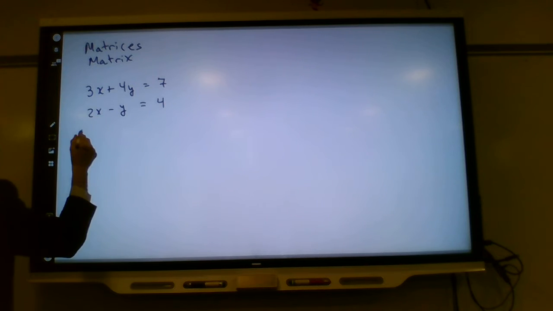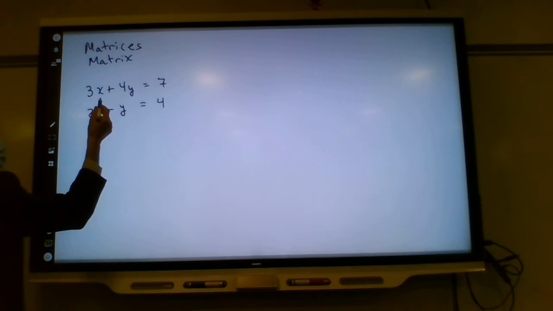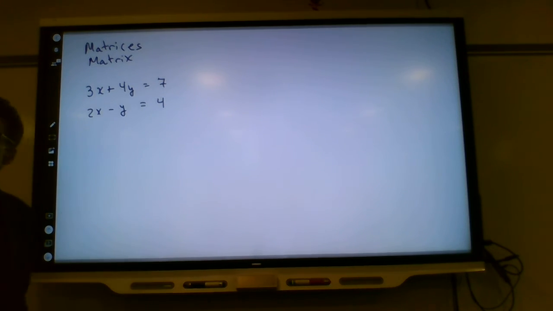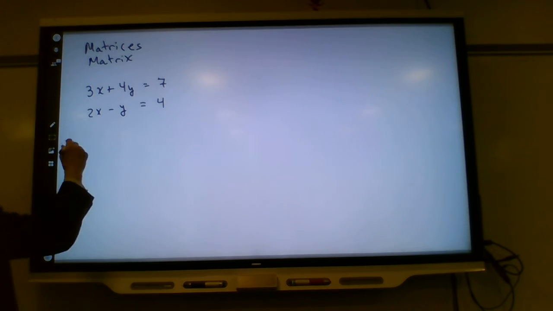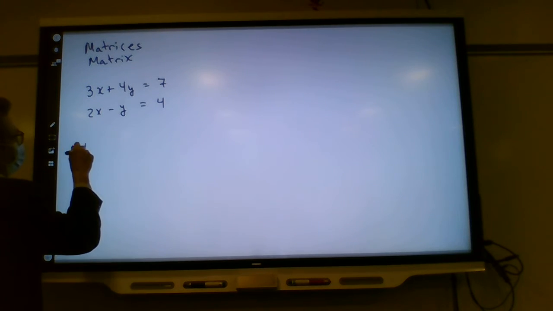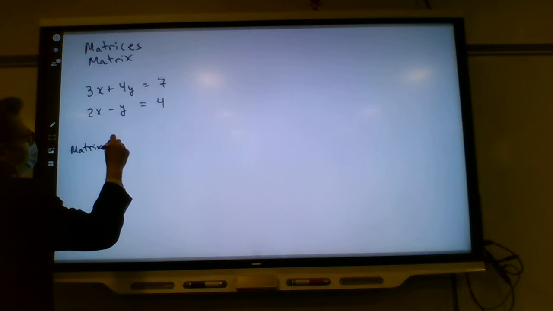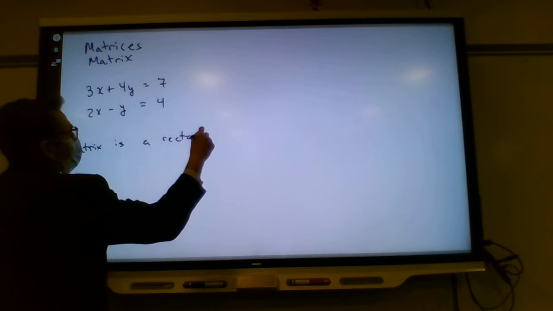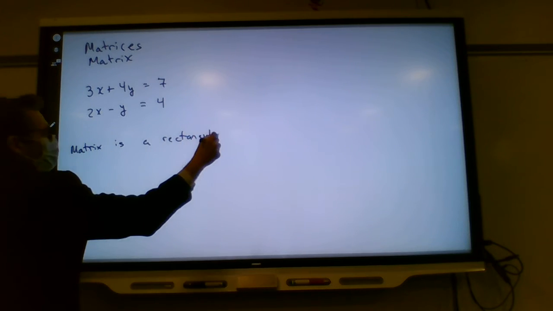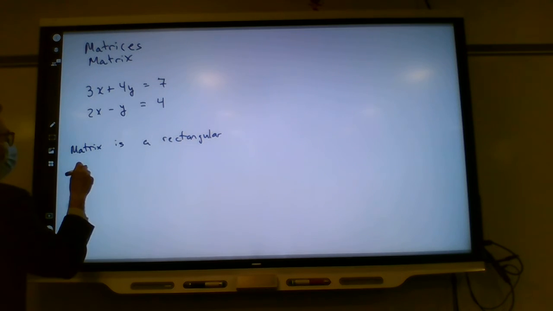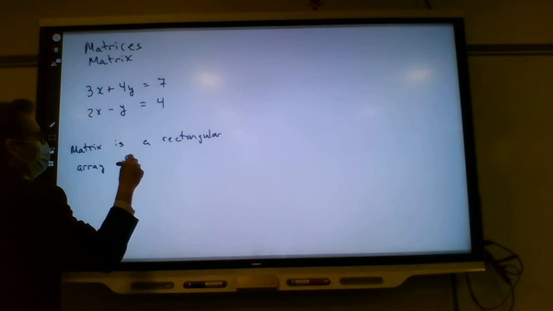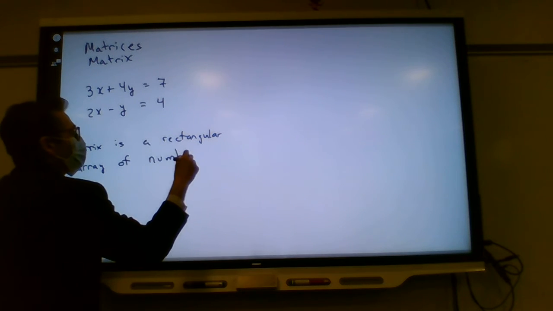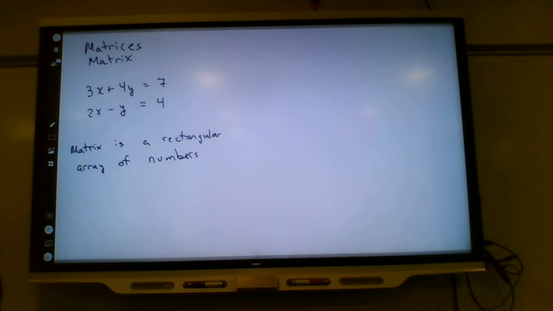And so we separate this into different components. And so a matrix is just, from our perspective, a rectangular array of numbers. But the numbers have meaning. The numbers mean something.